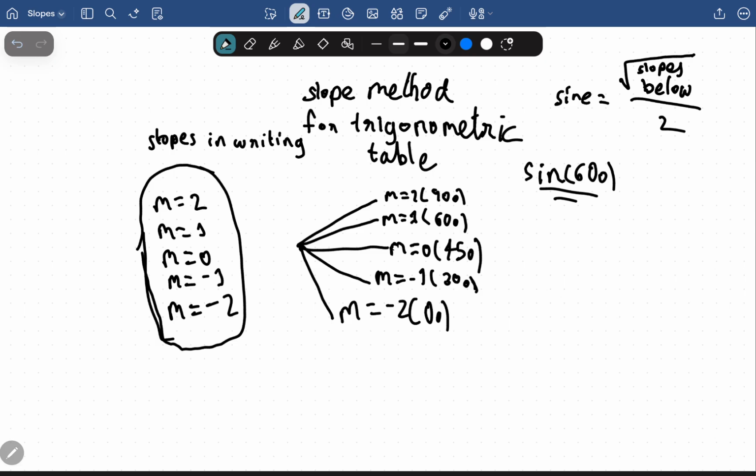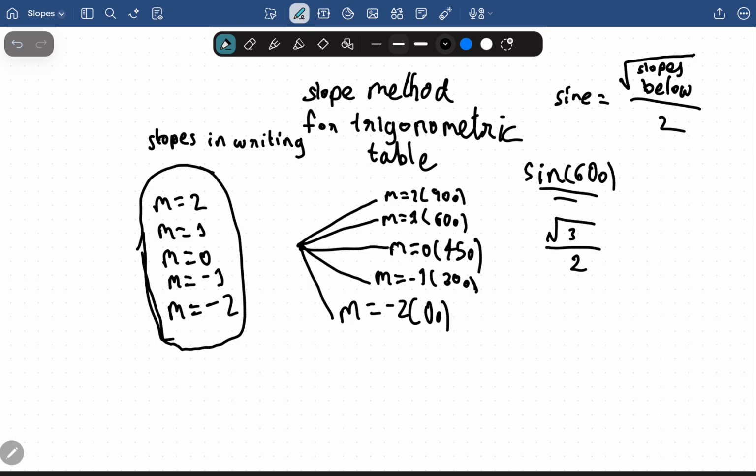So the number of things below is 3. So root 3, and the square root of 3 you really don't have to calculate. It's 1.7 something. If you want to do it, then just do it. If you don't know how to do the square root, maybe see it on YouTube. But anyways, root 3 over 2.